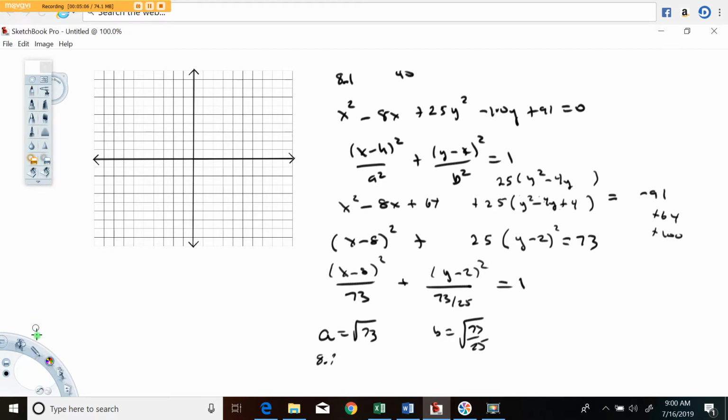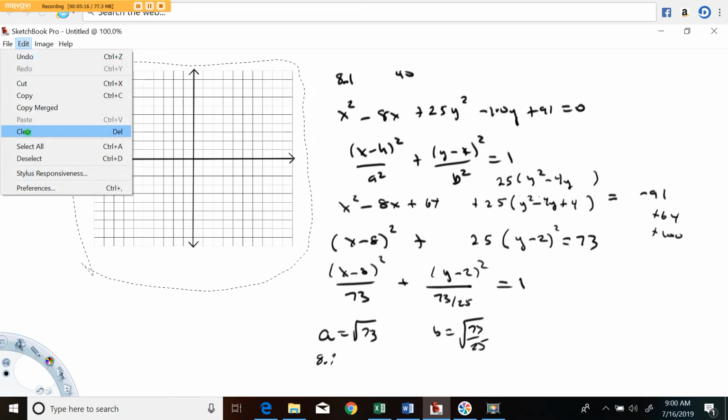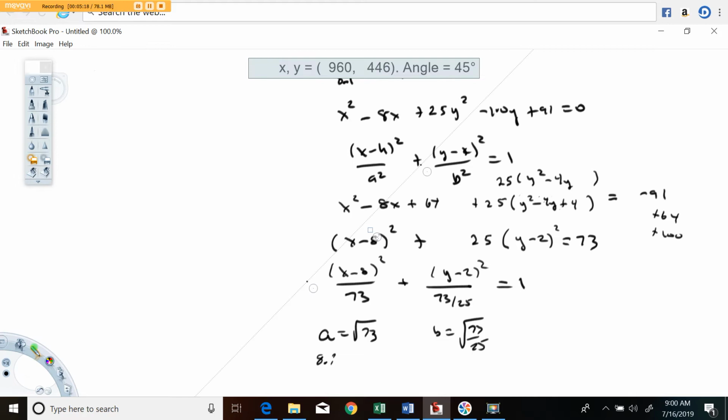I don't have a calculator on me, so all I can do is roughly guesstimate. Since I don't have exact values, I'm going to get rid of this coordinate grid and do a super rough sketch to finish this example.